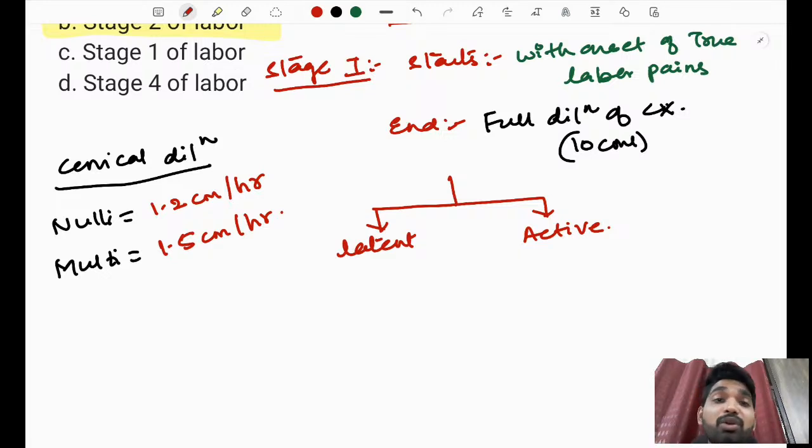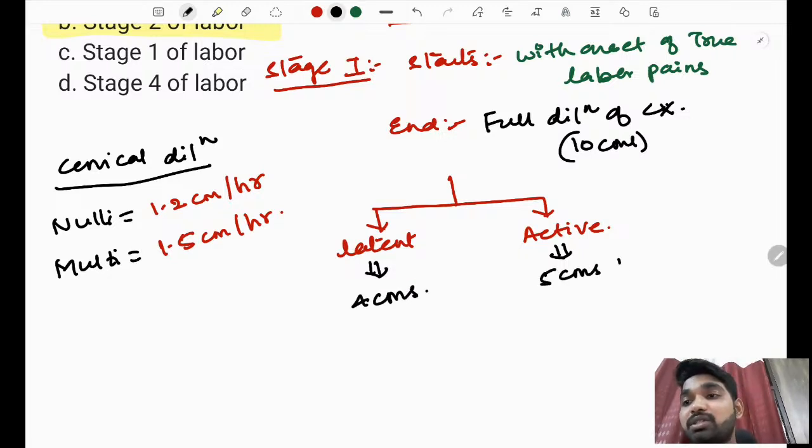Then tomorrow don't go there and regret. This is very important. I'm also giving you the updates. Now tell me, what is latent phase and what is active phase? Previously, now new updates have come, right? Latent phase is still up to 4 centimeters and active phase is from 5 centimeters till 10 centimeters, right?